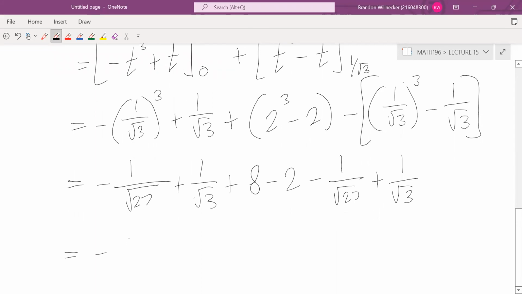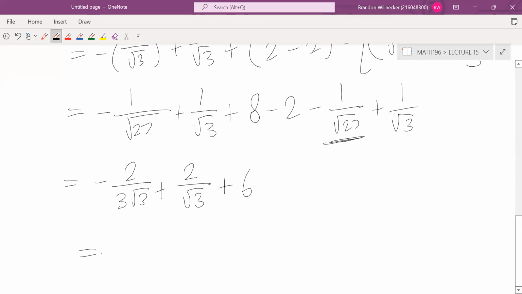Okay, so we can write this as 1 over 3 root 3, minus 1 over 3 root 3, and then we have another 1 over root 3 here, so we can make that a 2. And then 1 over root 3 plus 1 over root 3, that's plus 2 over root 3. And then 8 minus 2, that's 6.